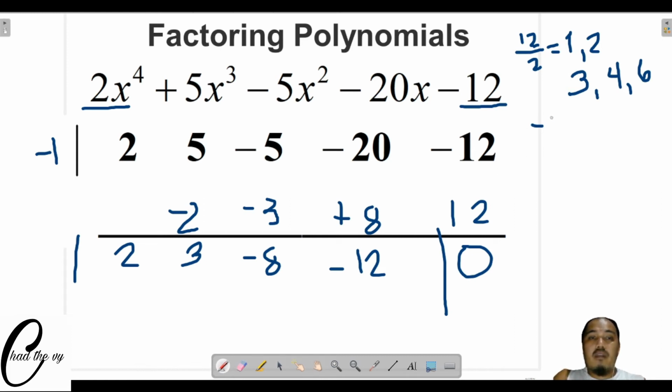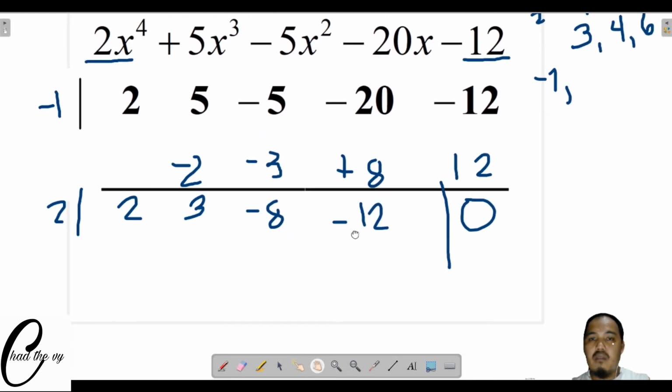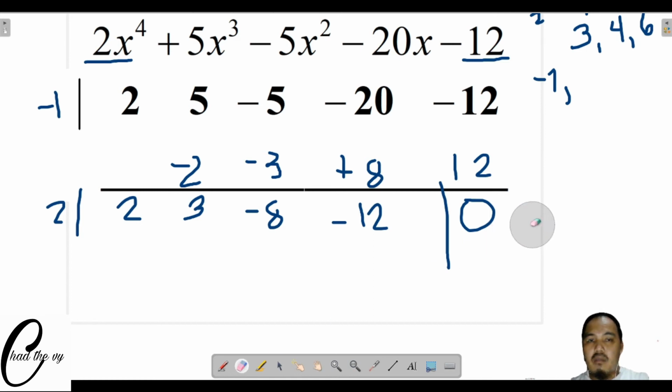Okay, so negative 1. Yan. Hanapin pa natin yung iba. So, negative 1, positive 1, tapos na tayo. Next natin is 2. Taas natin ng konti.